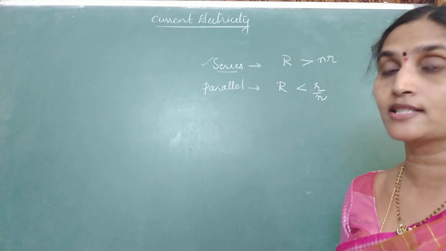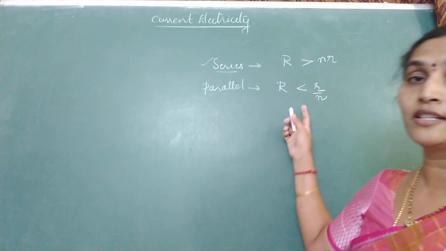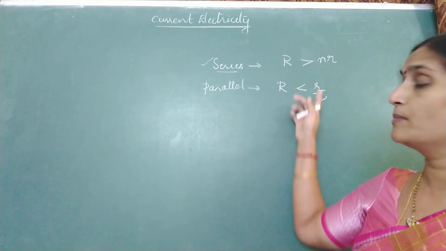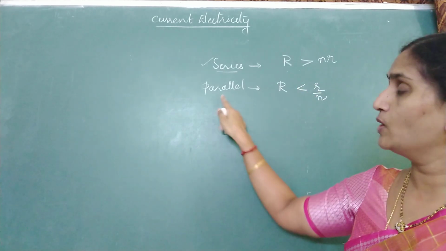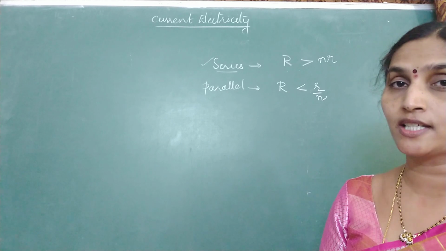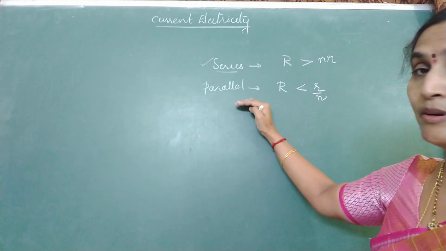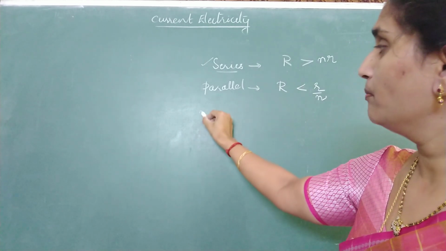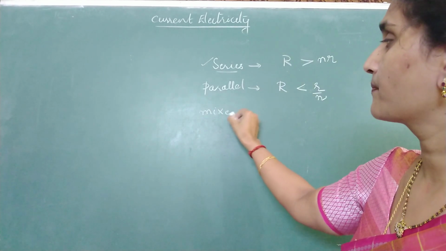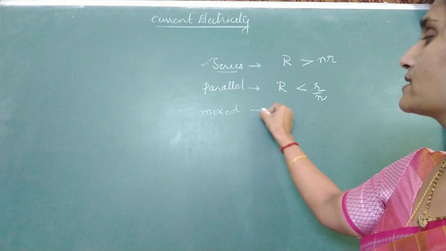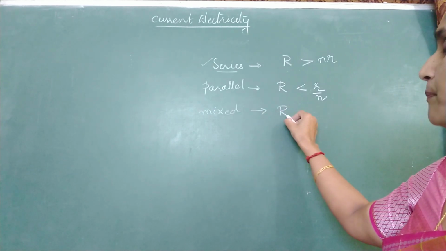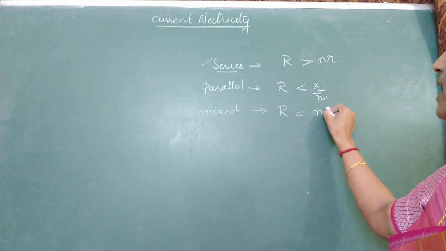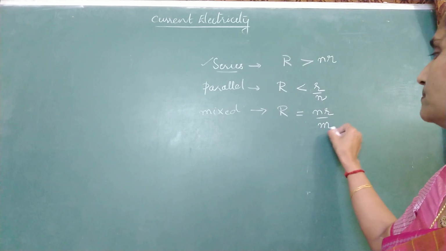I took identical cells. We know the total internal resistance for identical cells is r by n in parallel grouping. So when do we prefer this parallel combination of cells? Current will be more, or you have a benefit if this is the condition. And similarly, mixed grouping of cells will give you maximum current when capital R becomes equal to n into r by m.